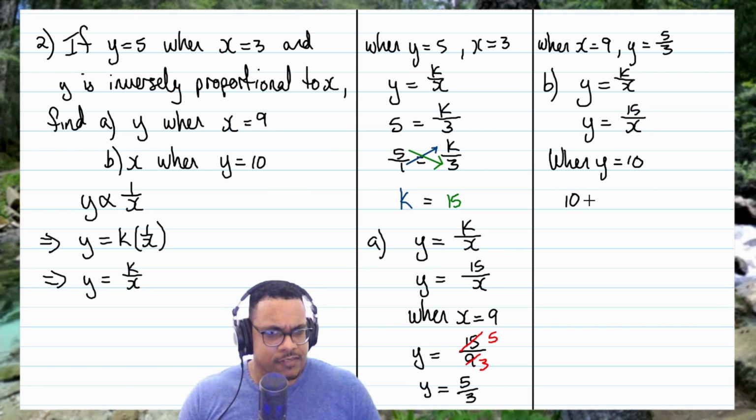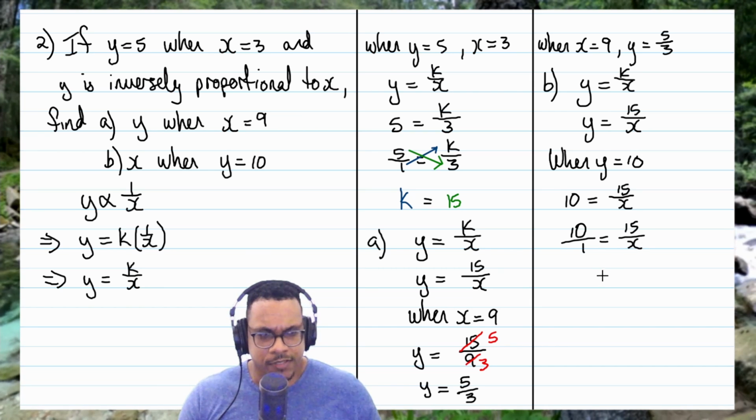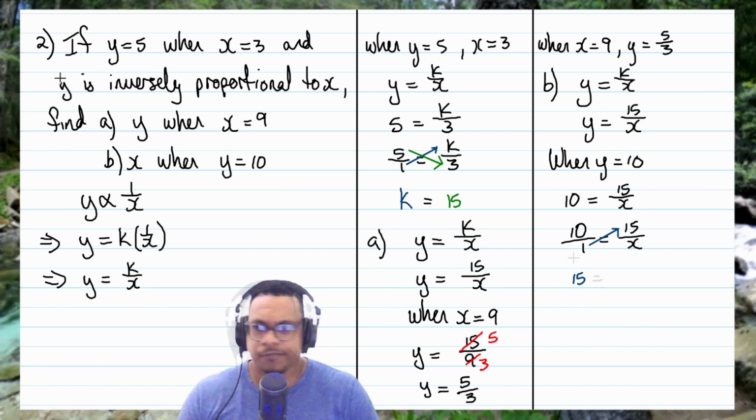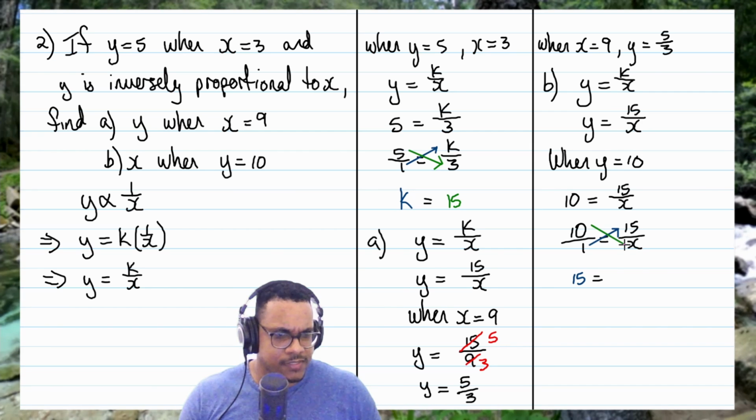So I'll have 10 is equal to 15 divided by x. So I'll put this 10 over 1. And I'll cross multiply. So I have 1 times 15, and that will give 15. And then I'll have 10 times x, and that'll be equal to 10x.